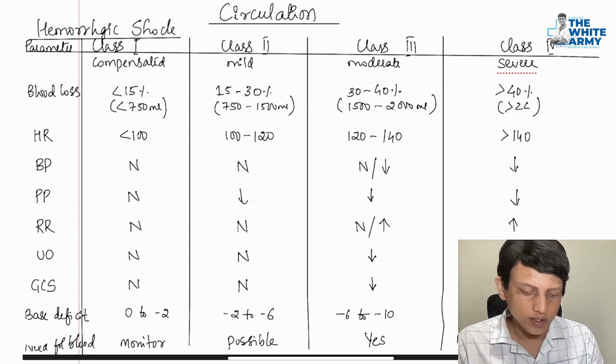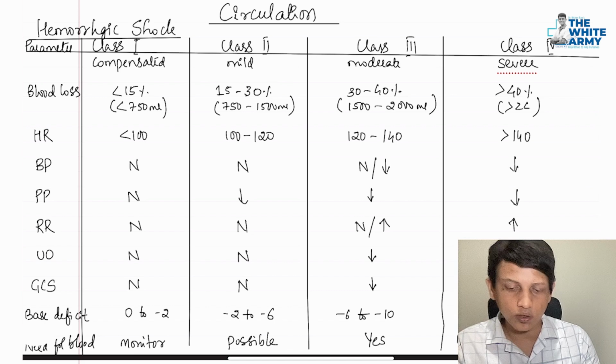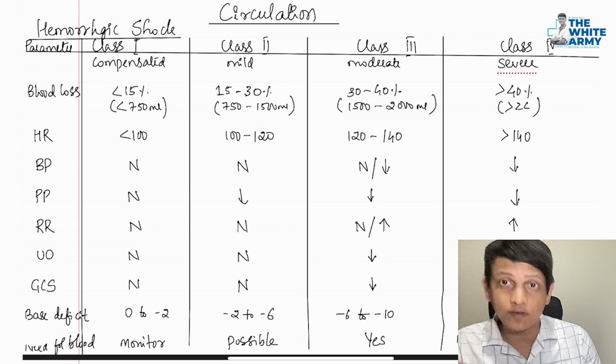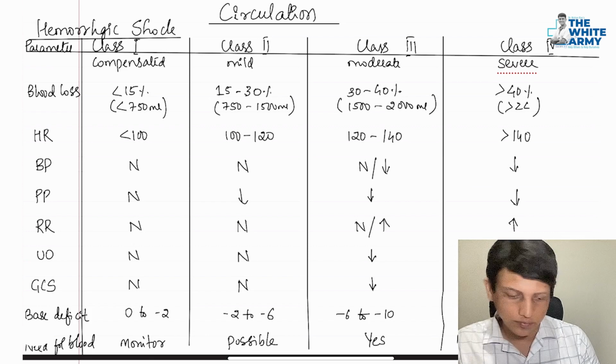In class 1, usually it's called compensated phase. Body will try to compensate the blood loss by some mechanisms. Then class 2, class 3, class 4 are mild, moderate, or severe hemorrhagic shock. In the compensated phase, the blood loss is less than 15% of the blood volume. Class 2 is 15 to 30, then 30 to 40, and more than 40 in class 4.